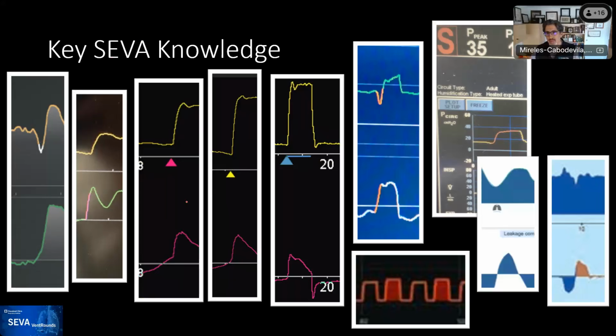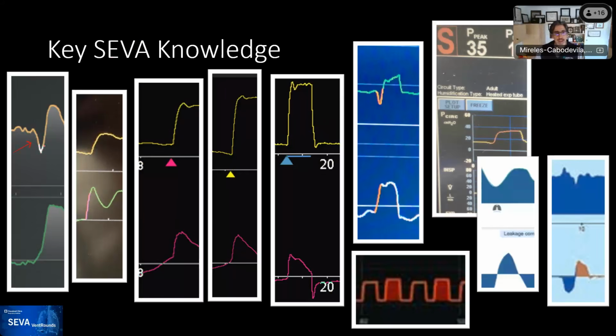For all of these waveforms, pressure is on the top. But you can see up here how there is a drop in the pressure that highlights the presence of respiratory muscle activity, dropping the pressure and triggering the ventilator. And so that's how we have been taught.